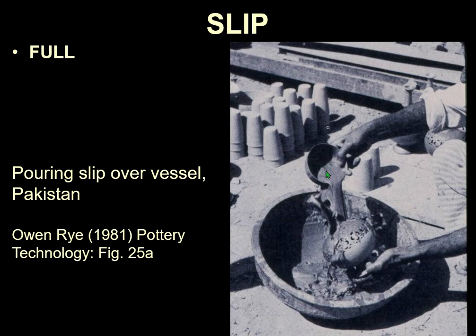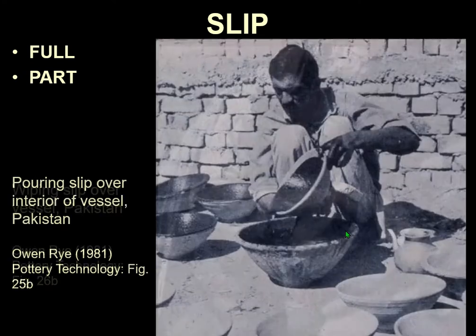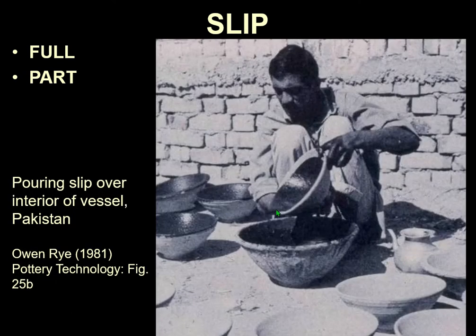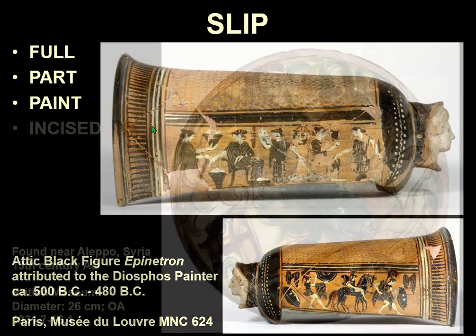It's clay in suspension, and you can have a full slip in which the entire vessel is covered with slip. You can have a partial slip where you just have a bit of it, and this lady's painting some slip onto the vessel. This guy has poured some slip onto the inside, and you can see only the inside has this nice dark slip. You can have slip paint. This has been painted with slip.